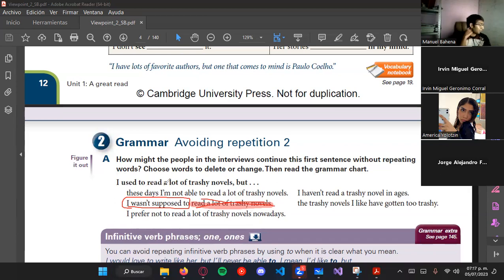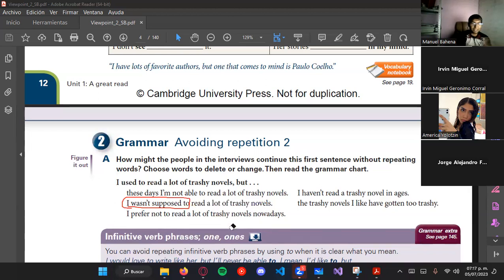"I used to read a lot of trashy novels, but I wasn't supposed to." Yo solía leer muchas novelas basura, pero no se suponía que debía. I wasn't supposed to. All right? And we avoid repeating ourselves by saying the exact same things. Y así evitamos repetir al no estar diciendo exactamente lo mismo.